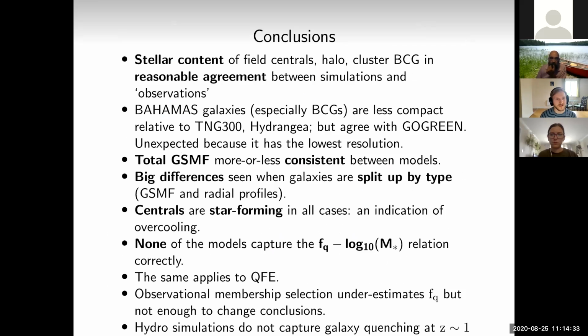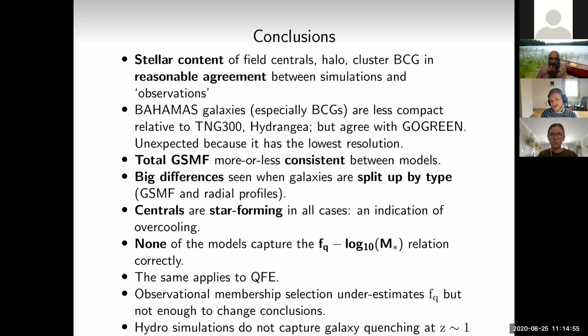Right, so I'll just conclude by saying that simulations, as expected, do okay at getting the stellar content right when compared to observations. We see some differences between the 3 different simulations, such as the BCG size, which oddly matches observations.